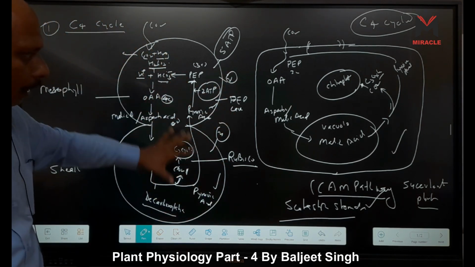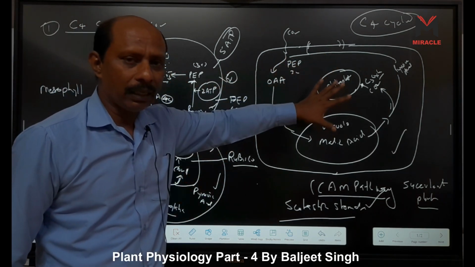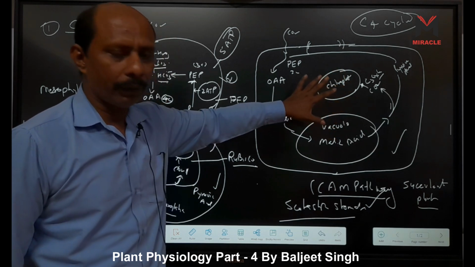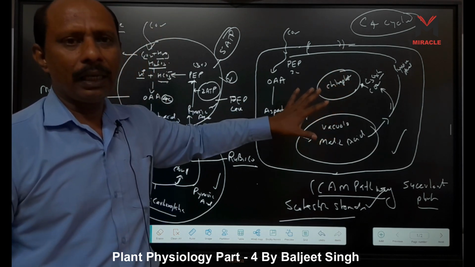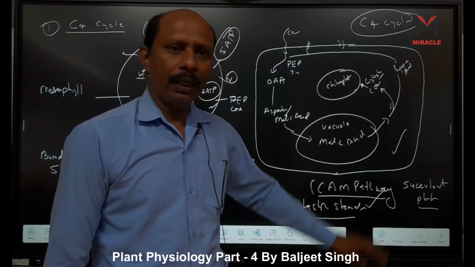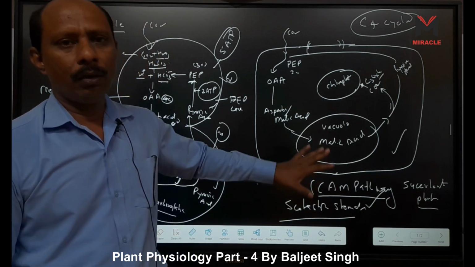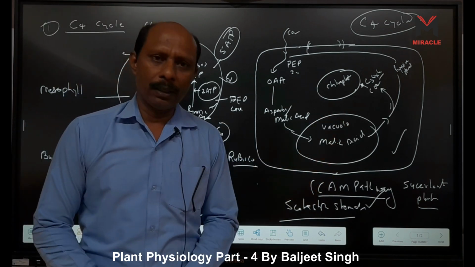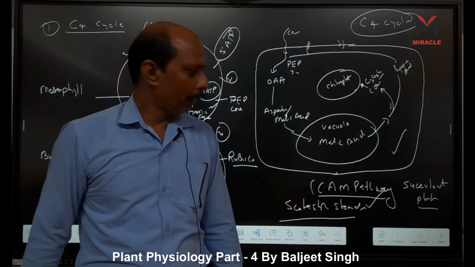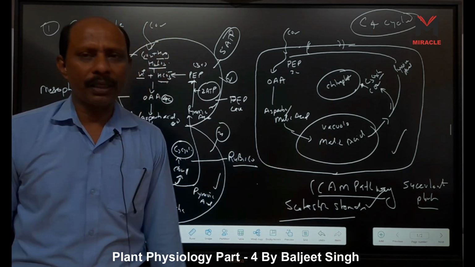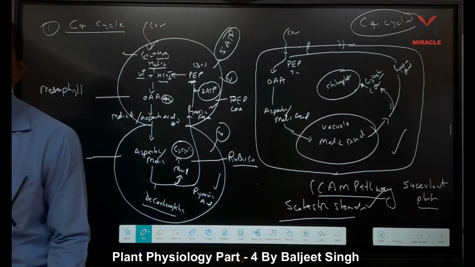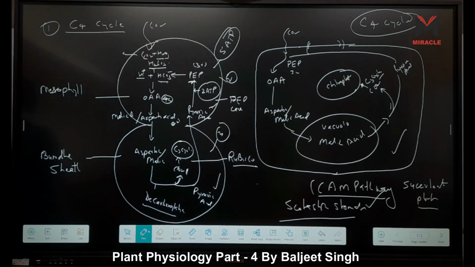That is right. But in the CAM pathway, it is present in a single cell. It is also called crassulacean acid metabolism. It is present only in which plants? Succulents, xerophytic plants. Here a specific type of stomata is present, which is open only at night time, but closed in daytime, right?